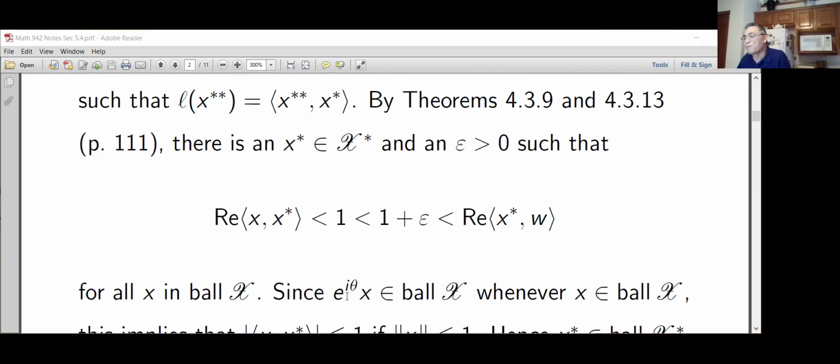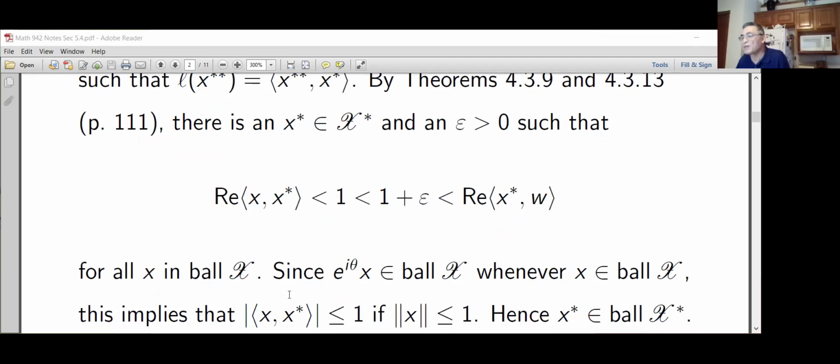If we multiply x by a suitable complex number of absolute value 1, for suitable theta, then we can make this inner product positive. So when you make this positive, the real part is the same as that. So the real part becomes the absolute value.